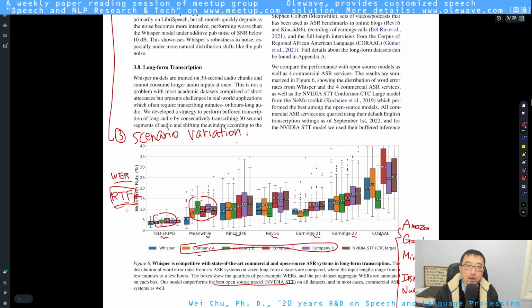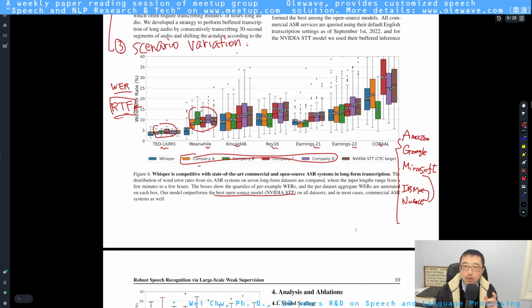So usually the RTF is supposed to be like 0.1 or 0.2, but I think I've seen some reports that open source models have a very, very high RTF, which is not shown in this table, which only shows the WER. So RTF, a very, very important factor to be considered in a real production system, has not been mentioned here.